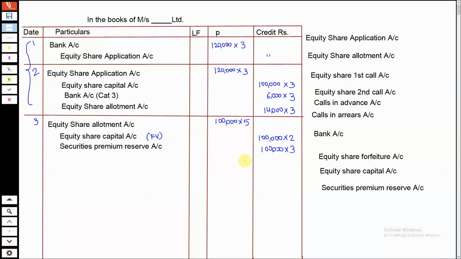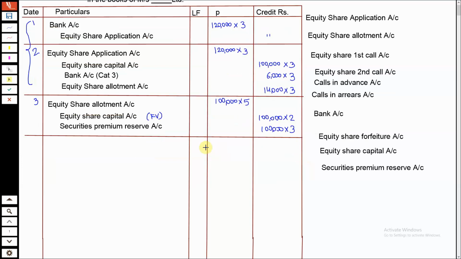So now this entry is complete and I will have to now receive the money on allotment. So I will write here bank account debit.